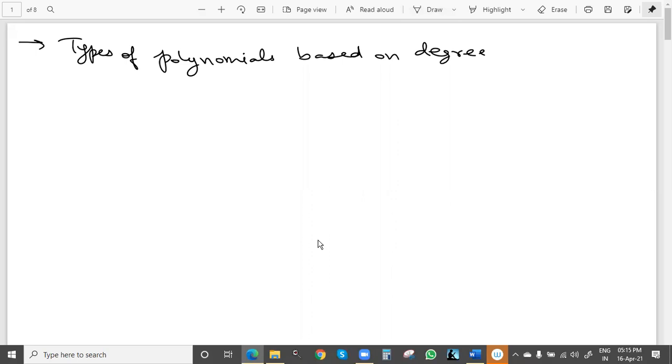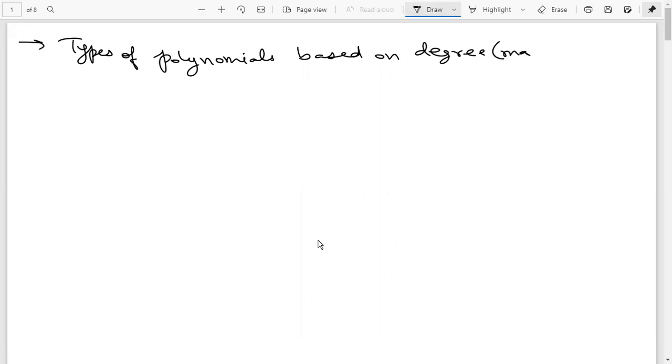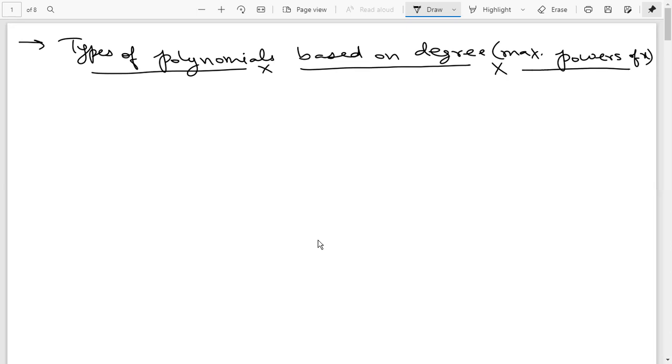Degree will be the maximum power of x. Let me explain. Here we'll see types of polynomials based on this degree, that is the maximum power of x. Suppose, let me give one example.